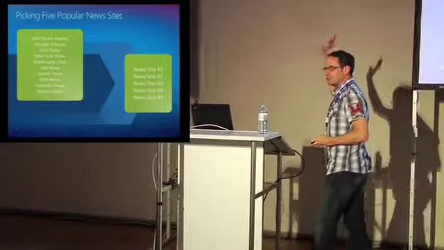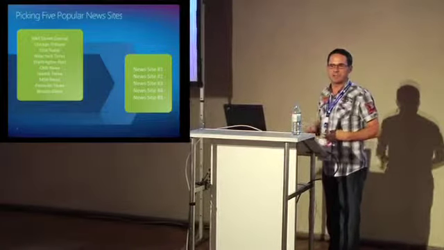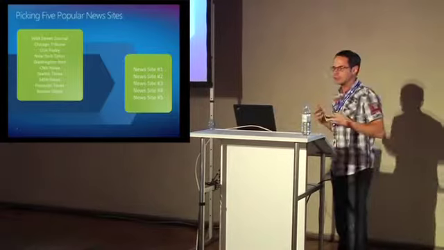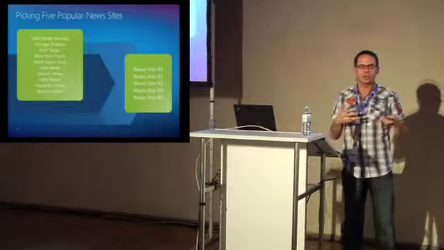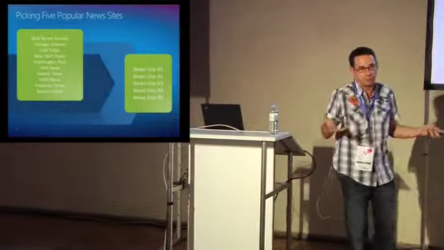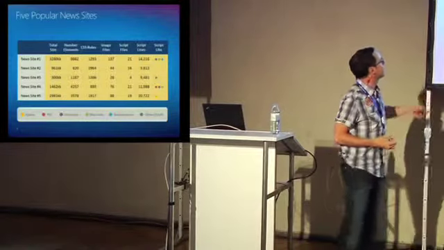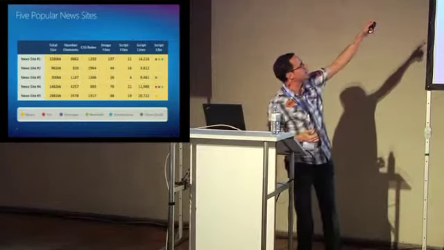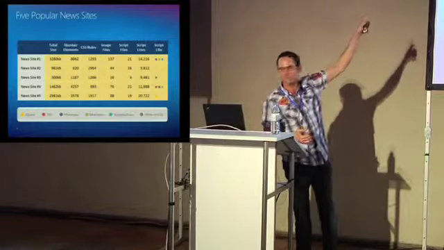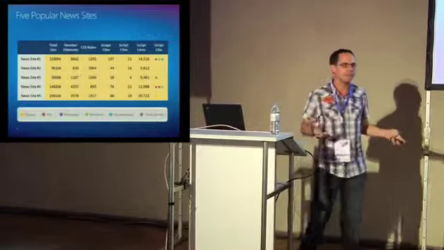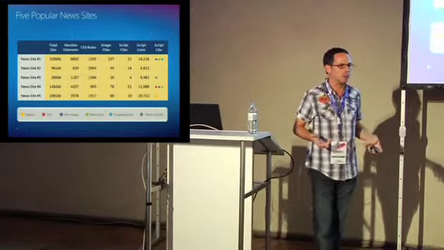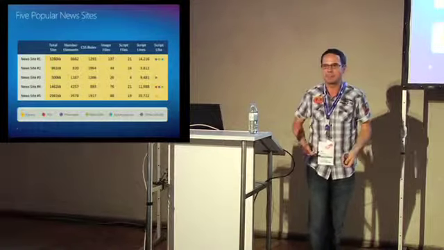We anonymized these 5 popular news sites, and we looked at where they spent time in the different components of the browser. You can see the total file size. News site 1, 3 megs to download and look at that web page, right? That home page is 3 megs to download.